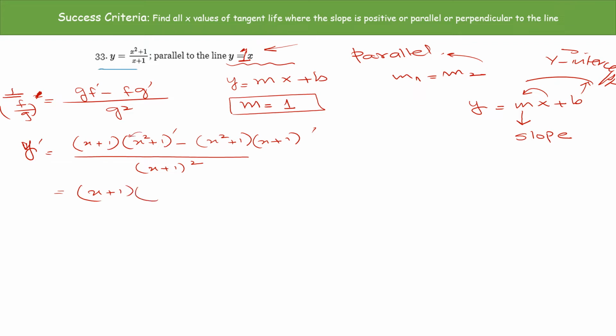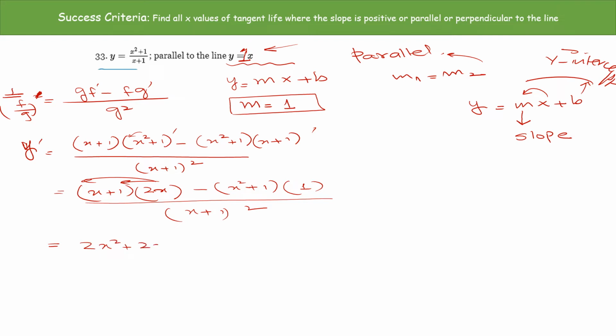The derivative of x squared plus 1 is 2x, minus, as it is, x squared plus 1, and the derivative of x plus 1 is 1, over (x plus 1) whole squared. Now what we have to do? Open the brackets. So we will get 2x squared plus 2x.